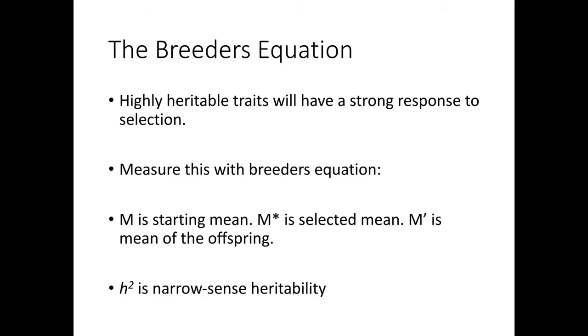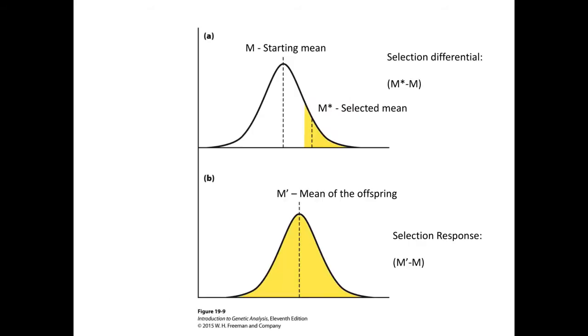Then M prime is sort of like how good you are at breeding your pigs or whatever. M prime is the mean of the offspring. And then there's this term, little h squared, which I mentioned a few other times, which we talked about measuring from correlation coefficients between parent and offspring. That's narrow sense heritability. So we want to keep track of four things: big M, M star, M prime, and little h squared.